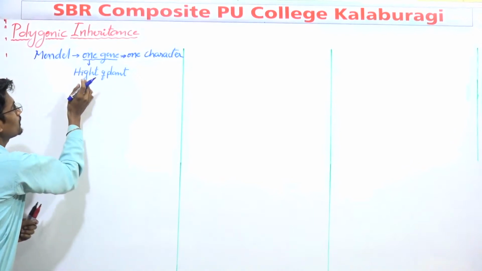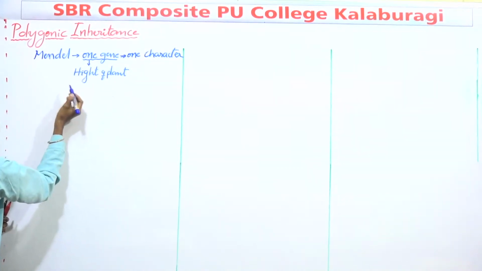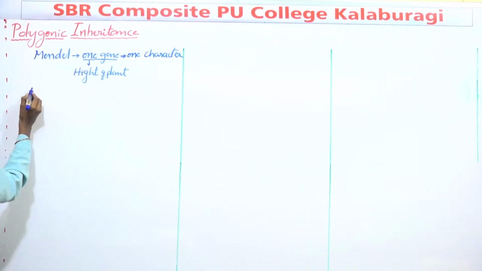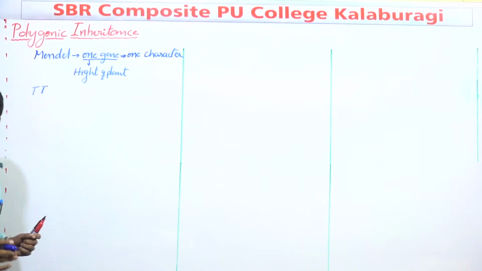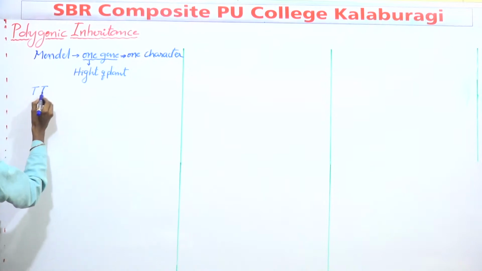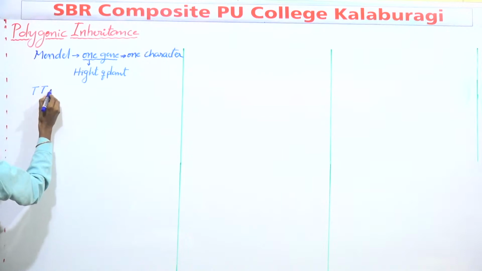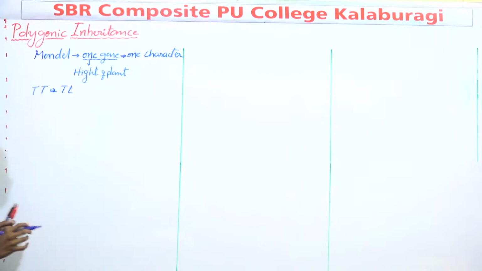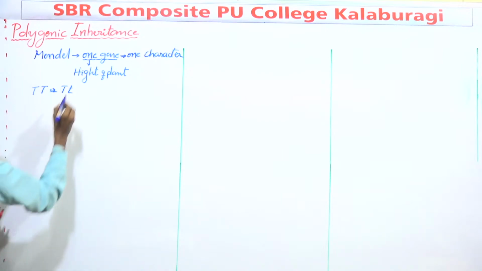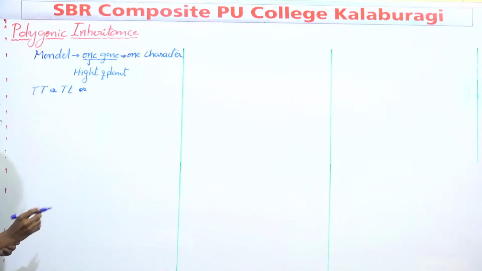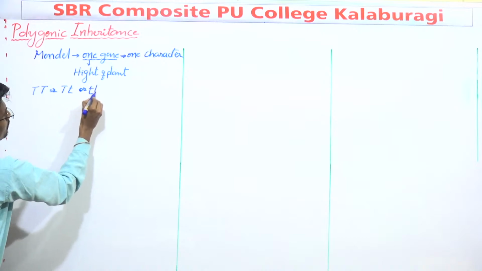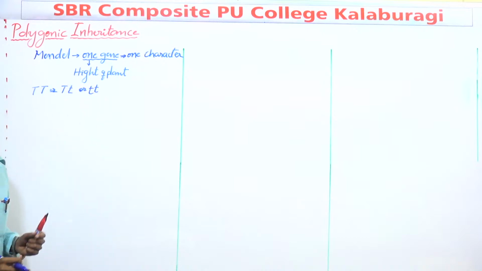If this height gene is called capital T, capital T, it is the homozygous condition, and another one is the heterozygous condition, capital T and small t, or if it is recessive, both are small.